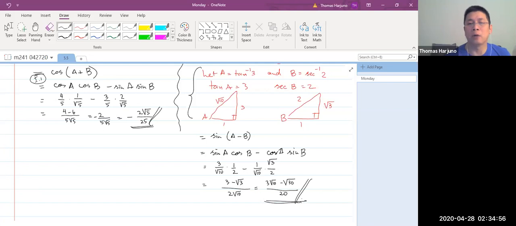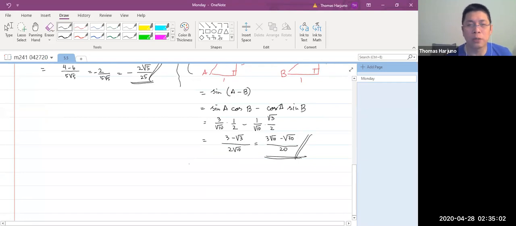Okay, now actually another good question will be: where is that angle, tangent inverse 3 minus secant inverse 2, located? Is it quadrant 1 or quadrant 2 or quadrant 3 or quadrant 4?